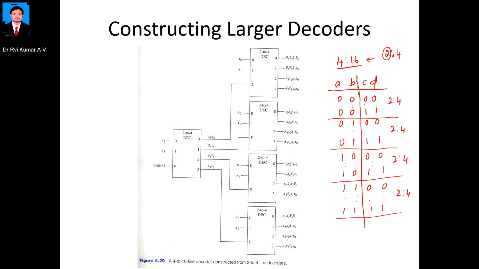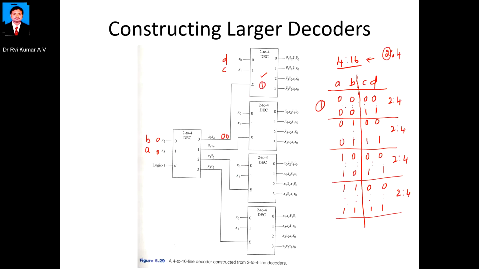But AB also has to be there for selecting among these. So this is your AB and this is your CD, which is D and C. Whenever AB is 0 0, this first decoder will be selected and enabled, the first one will be working.